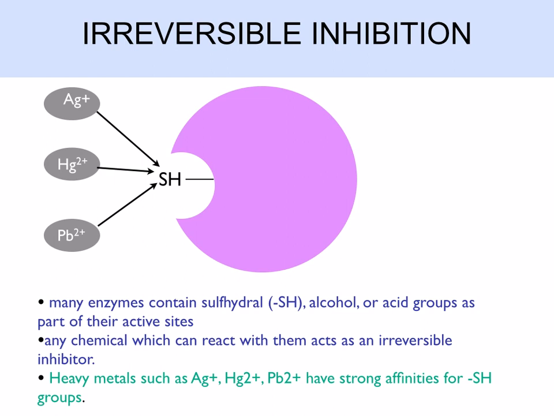Any chemical which can react with these groups causes an irreversible inhibition. So examples would be silver, mercury, and lead. Silver, mercury, lead, if they bind to a group such as an alcohol group or SH group on the enzyme, then they'll bind irreversibly.